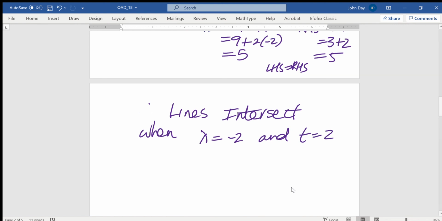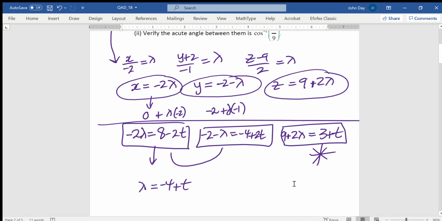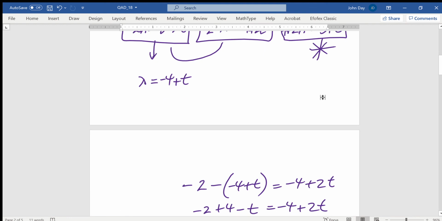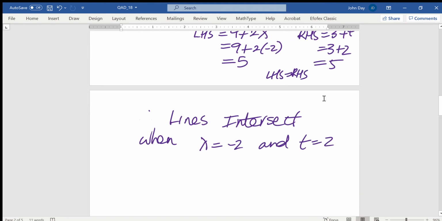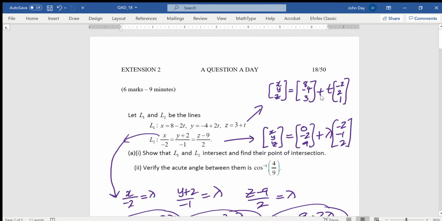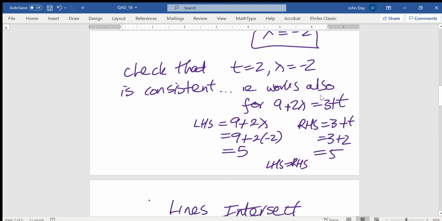So you can pick whichever of the two lines we've got at the top there, and figure out what the point of intersection is. So I might pick L1. X is 8 minus 2t. Y is minus 4 plus 2t.